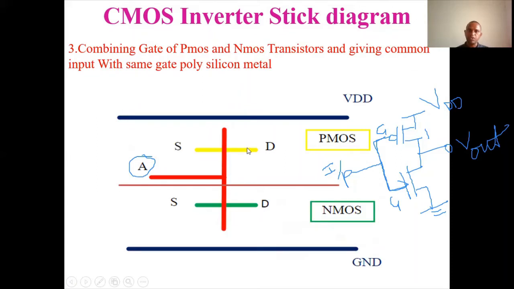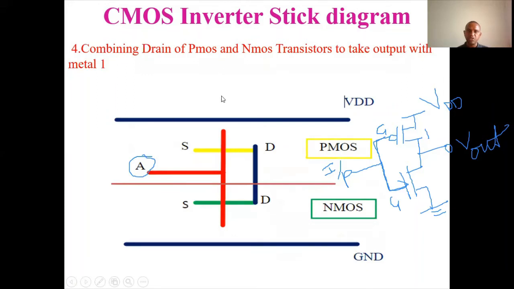Combining the gate of PMOS and NMOS transistors, this one is the gate and this one is the gate, and combining that with the polysilicon material, that becomes the input for us. Now similarly, I am combining the drain of the PMOS transistor and the drain of the NMOS transistor by using a metal.